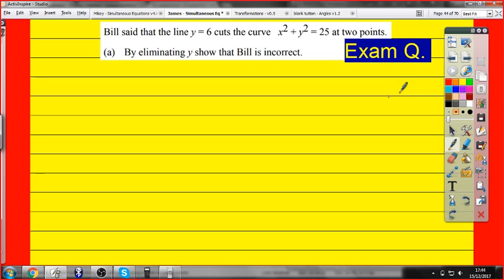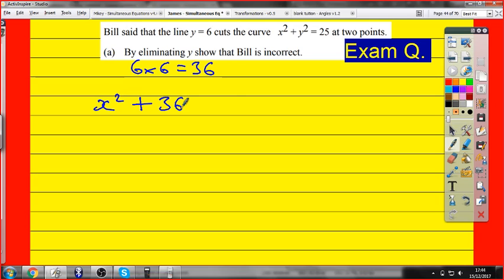Okay. Exam question. How do we do this? So y equals 6. We know that. So it needs to do 6 times 6, which is 36. Then it's just 36 add x squared equals 25.